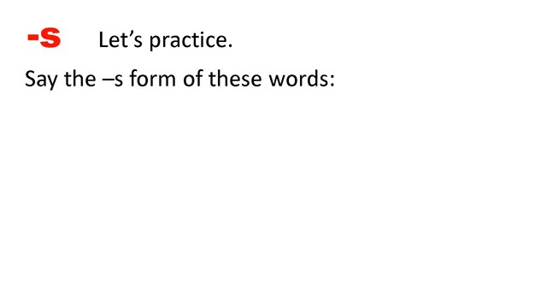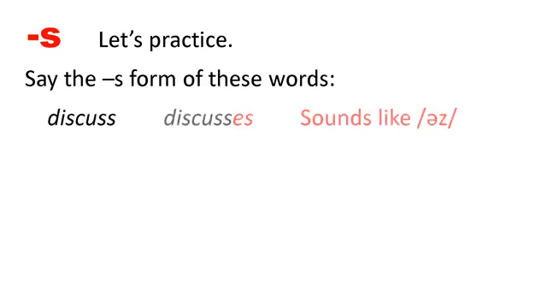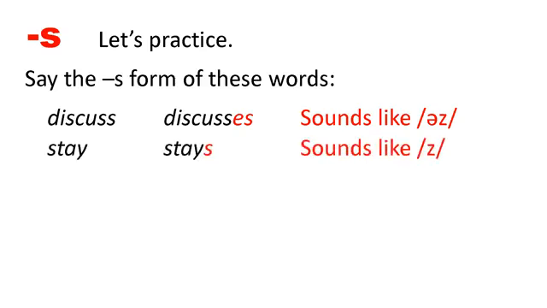Let's practice the pronunciation of S endings. Look at these words and say their S form. Then you'll hear the correct answer. Discuss, discusses. The ending sounds like uz. Stay, stays.